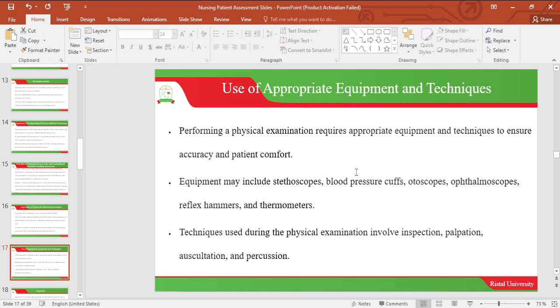Equipment used for assessing patients may include stethoscopes, blood pressure cuffs, otoscopes, ophthalmoscopes, reflex hammers, and thermometers. Techniques used during physical examination involve inspection, palpation, auscultation, and percussion.